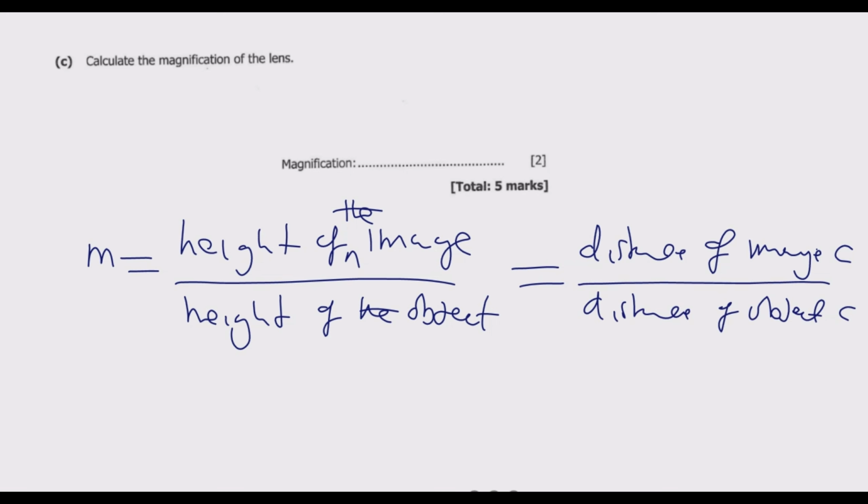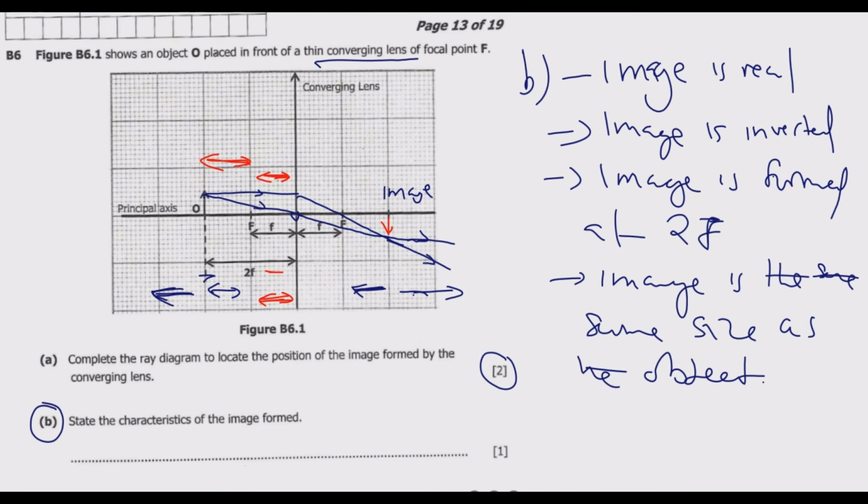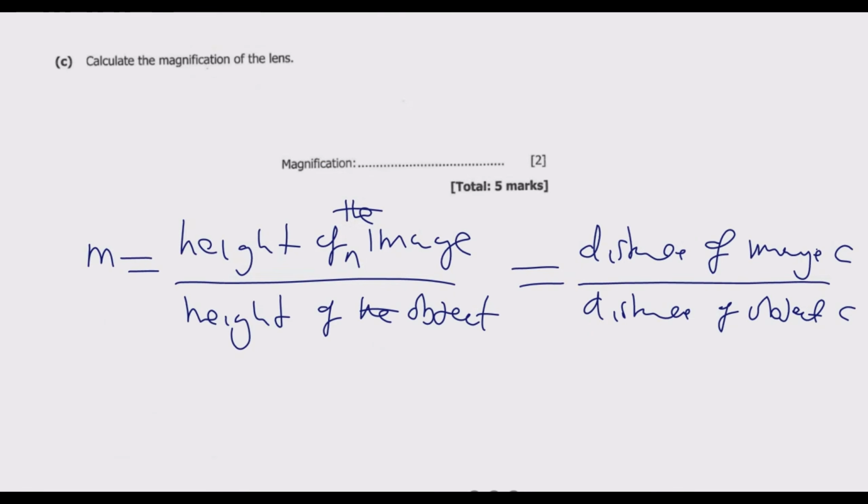We can go with either of the two, but we know that the image is formed at 2f and the object is also at 2f. So these distances are the same, which tells us it equals 1, regardless of the number of units, 1 over 1.